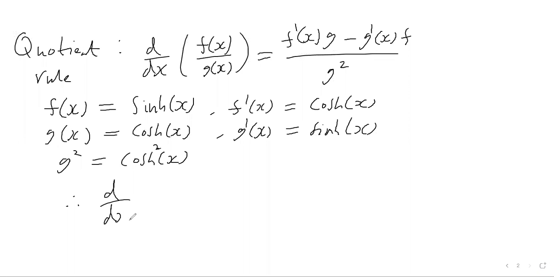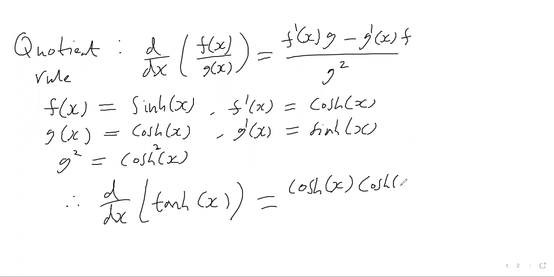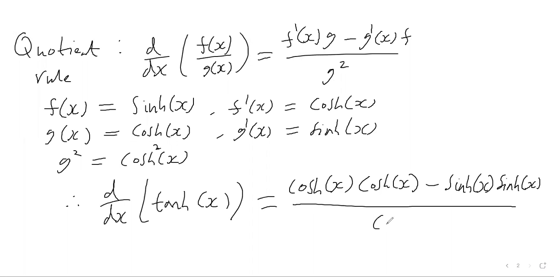Therefore, d by dx of tanch or hyperbolic tan will be cosh, so the f dash multiplied by the g, which is also cosh, subtract the derivative of g, which is the hyperbolic sine, multiplied by f, which is again hyperbolic sine, and then divide that all by g squared, so cosh squared.